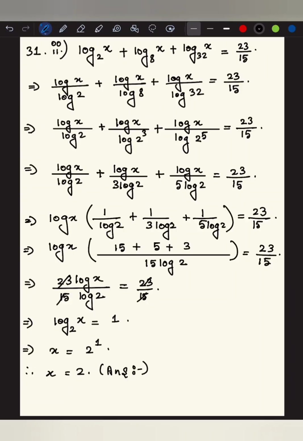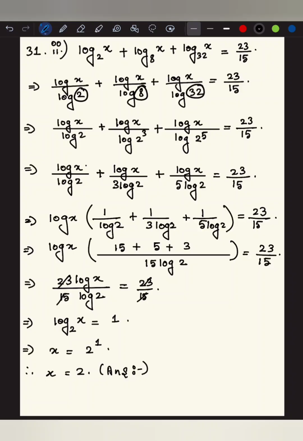Keep this log x as it is. We can see here that we have 2, 8 and 32. All of these are powers of 2, so I have written it like that. So log x by log 2 plus log x by log 8, I have written as 2 cube, plus log x by log 32 I have written as 2 to the power 5, which is equal to 23 by 15.